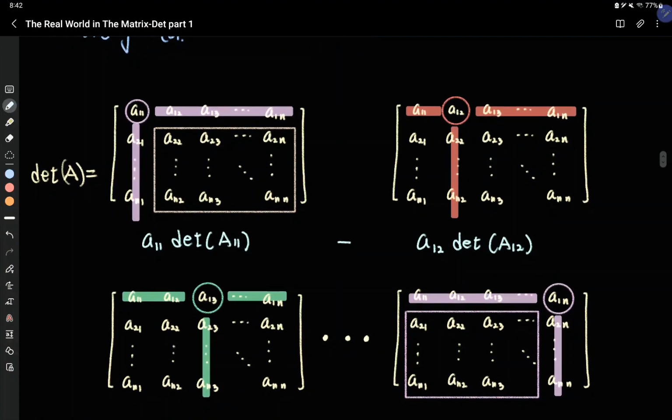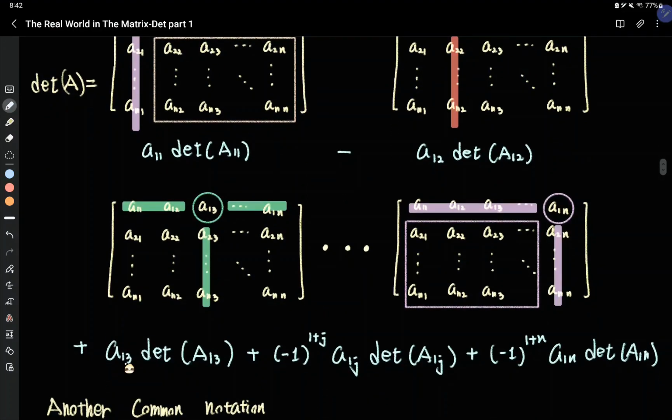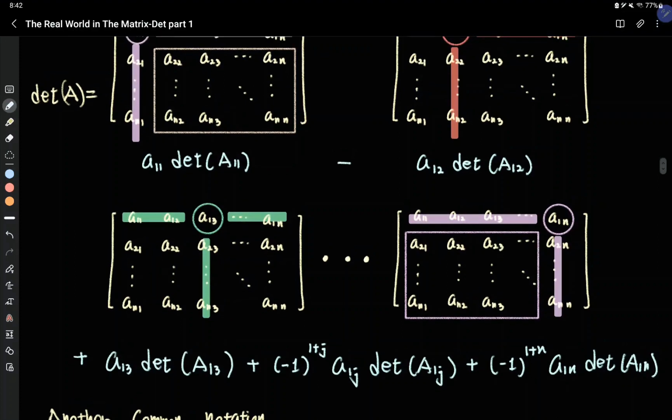So the determinant of A can be expressed as follows: starting from A sub 1 1 all the way to the end of the first row, A sub 1 n, we find the determinant of the submatrix, and then we multiply by the corresponding entry in the first row, A11, A12, A13 through A sub 1n, and the sign of each term alternates: plus, minus, plus, minus.